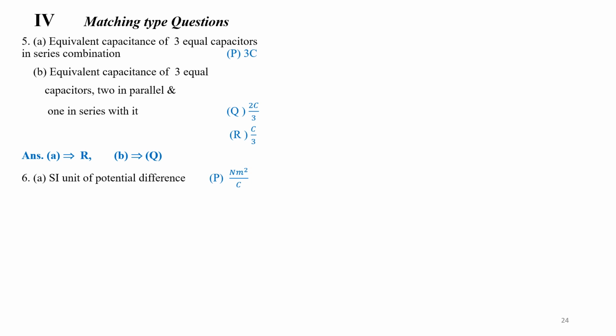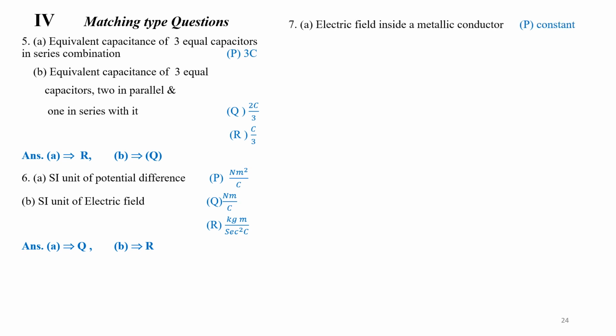Question number 6. SI unit of potential difference and SI unit of electric field. The answer is A is Q, that is Newton meters per coulomb, and the SI unit of electric field is B is R, that is kg meter per second square coulomb. Question number 7. Electric field inside a metal conductor and electric potential inside a conductor.